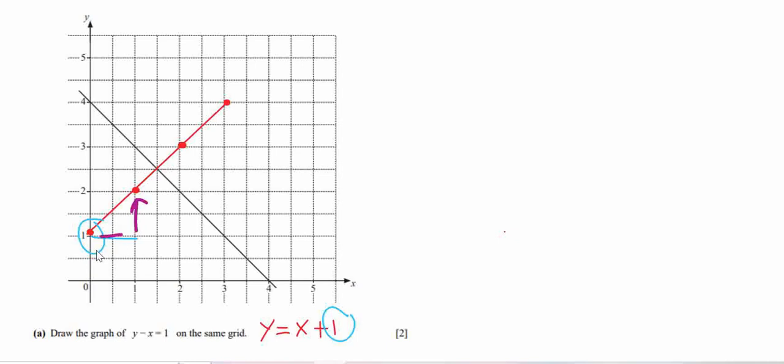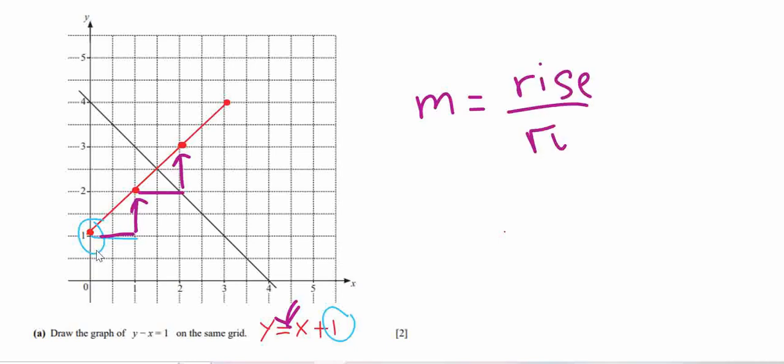One horizontal, one vertical, we get another point, and one horizontal, we get one vertical. So the gradient is 1 here. Gradient equals rise over run. So 1 means 1 up and 1 horizontal to the right. So that's how we got our line.